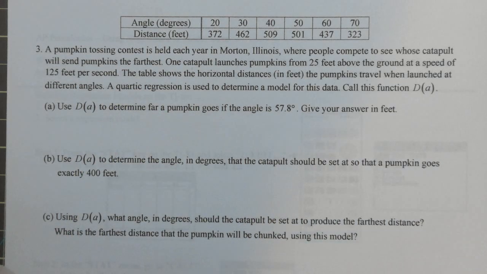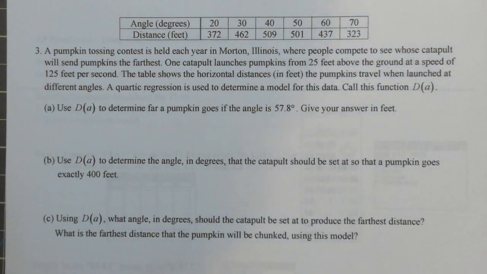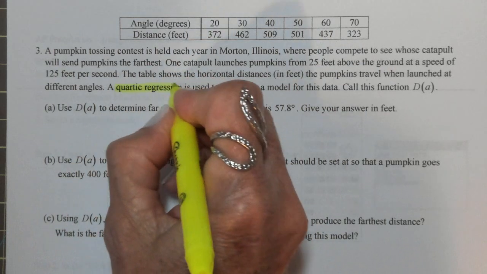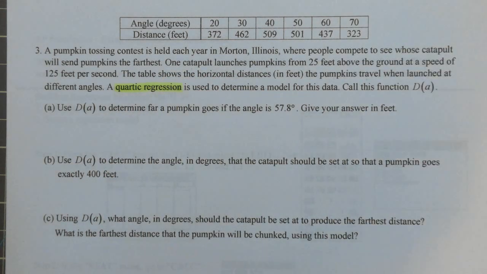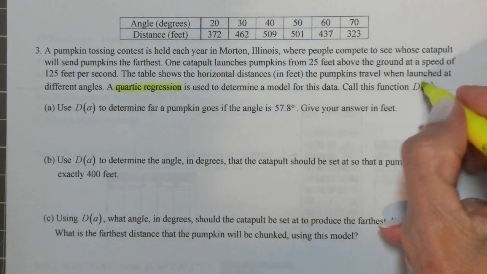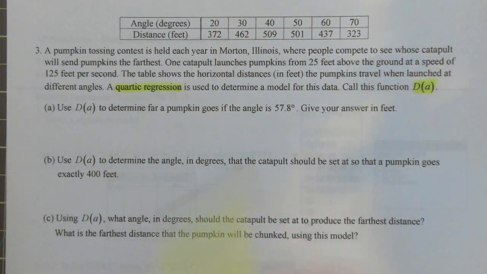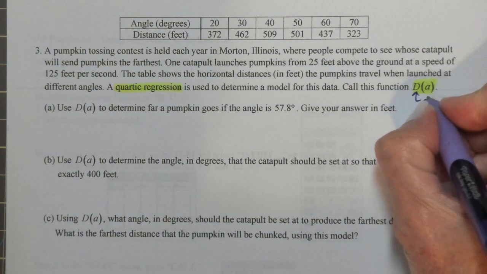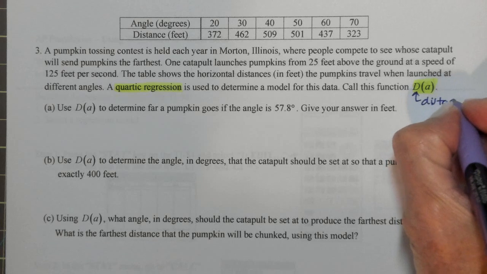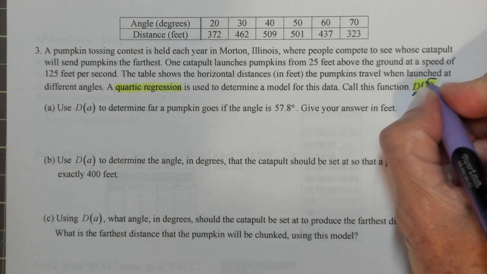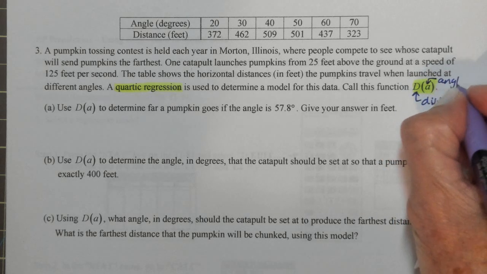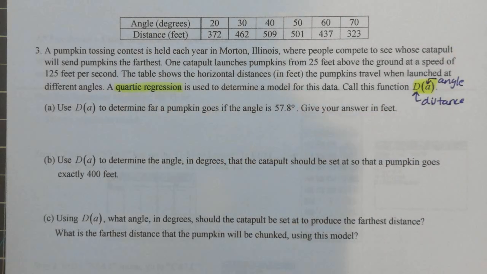A quartic regression is used this time to determine the model. We're going to call that function d of a, because the output is the distance and the input is an angle in degrees.